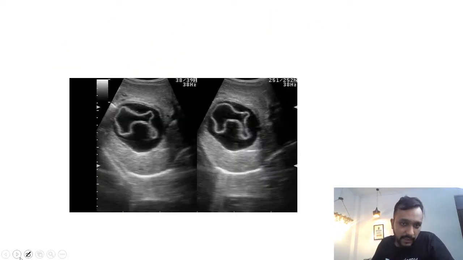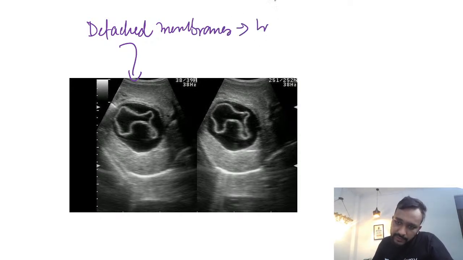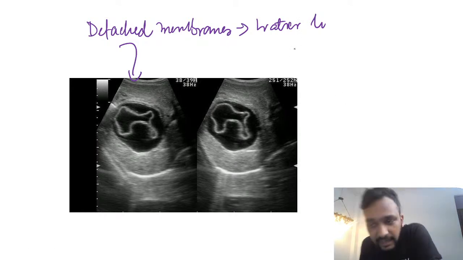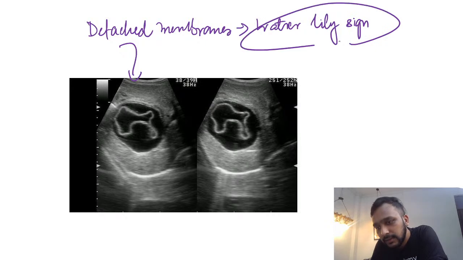And sometimes you are going to see detached membranes giving a water lily appearance. Dr. Nisha, you had answered something water lily sign. So guys, when the membranes detach and they are floating in the cystic component of this hydatid cyst, in that case you are going to call it a water lily sign.